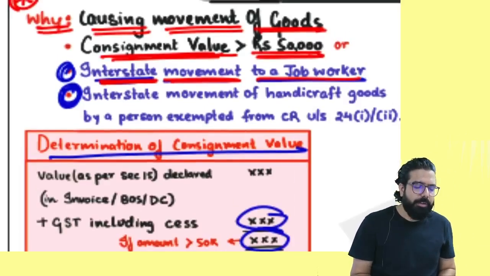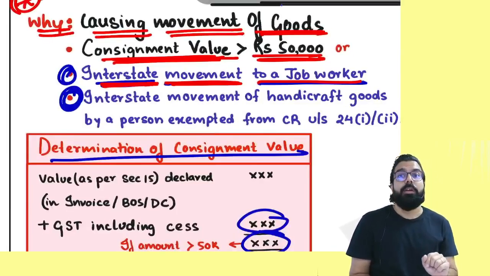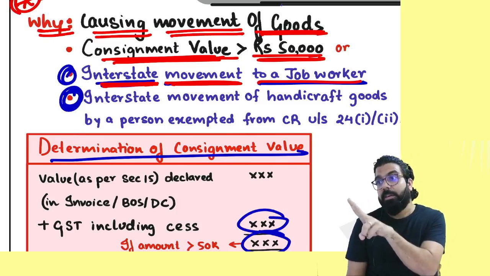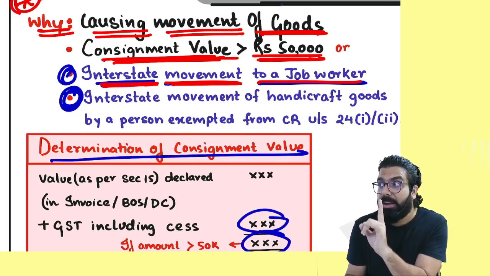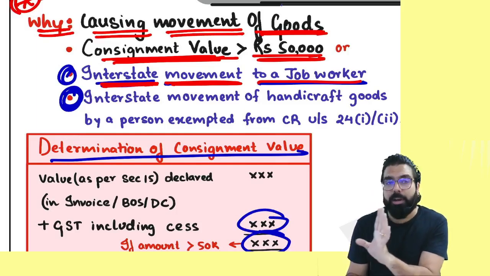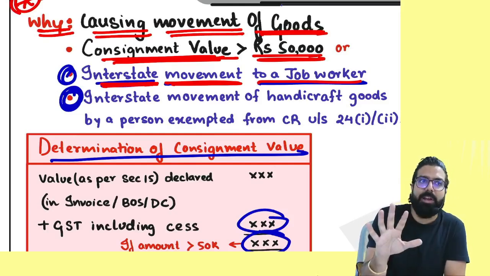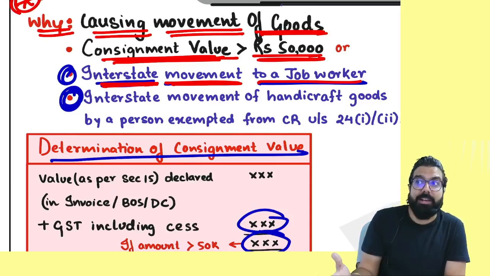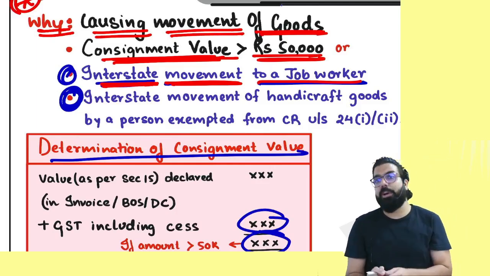If it is intra, then consignment value matters. If inter, not all interstate supply, only when the interstate movement is for job work. Normally, intra or inter, whenever the consignment value is more than 50,000. But when you are sending for job work interstate, it is mandatory. Can I go ahead, everyone?